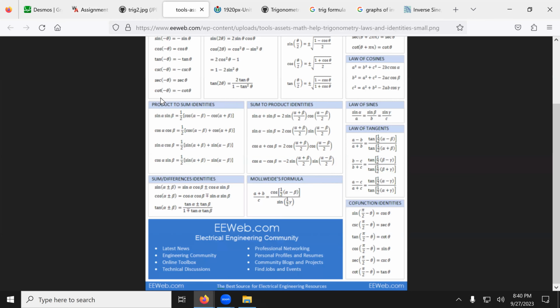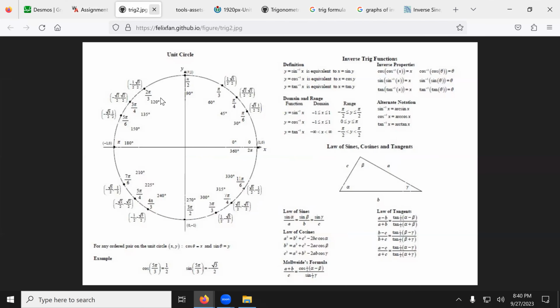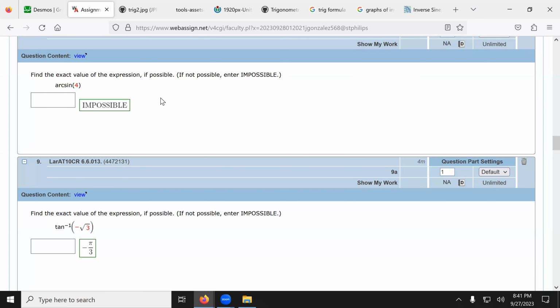Is it because it's greater than the domain? Yeah, the domain has to be between -1 and 1. Our question was 4, right? It's too big. Way too big. We can't use it. All right. Next one.